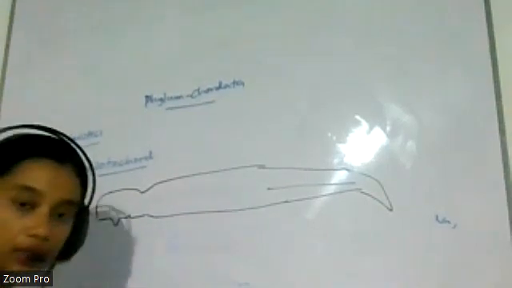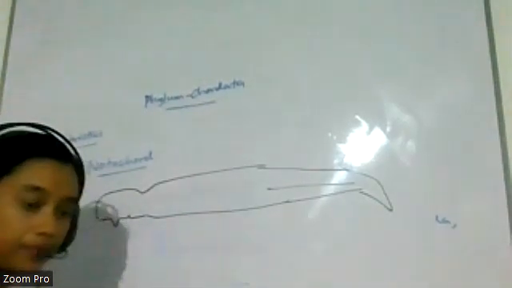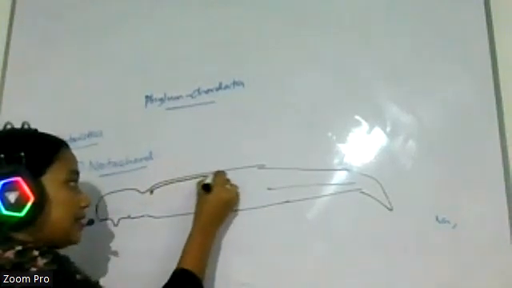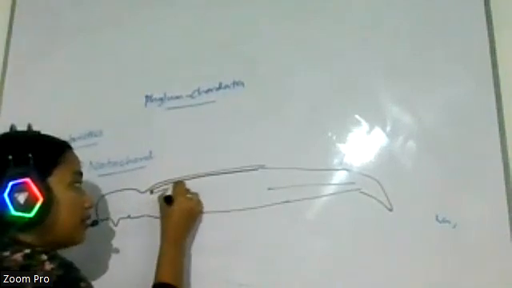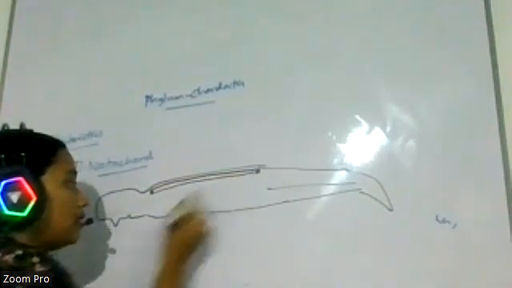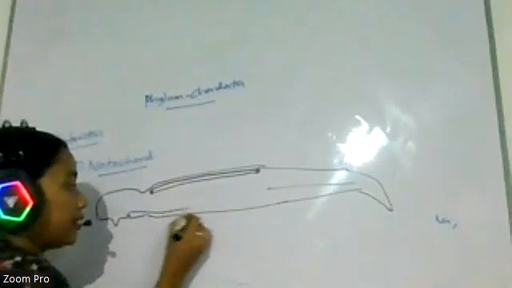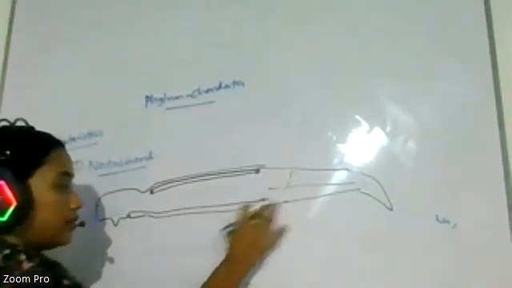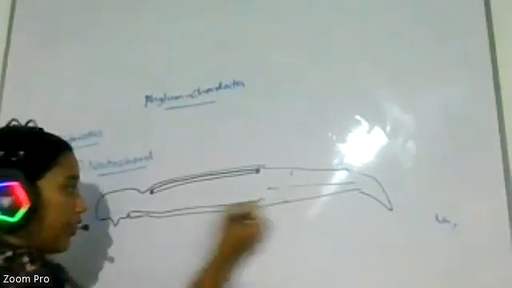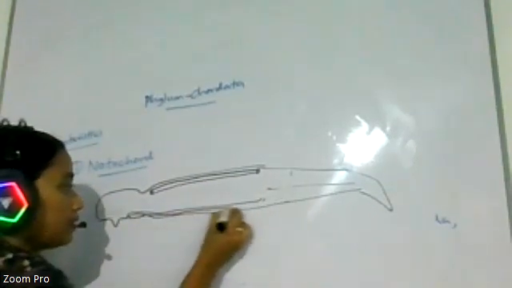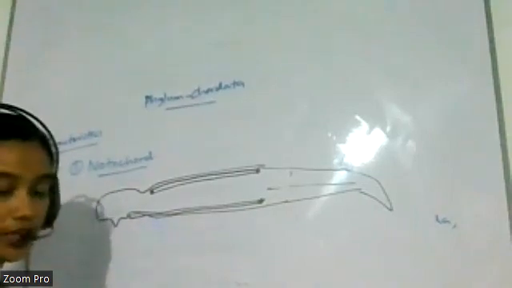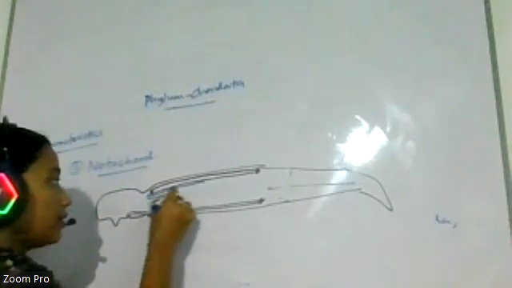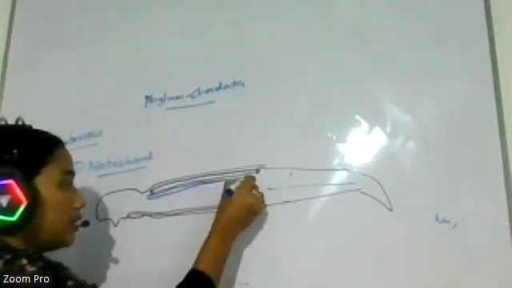There are some other structures. As this is the nerve cord, as this is the digestive tract. Our notochord is located here.